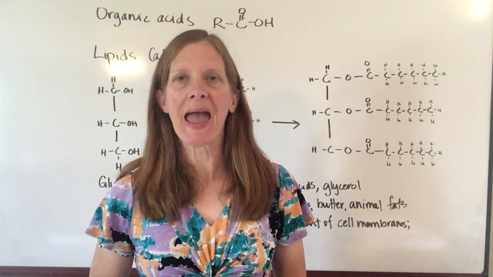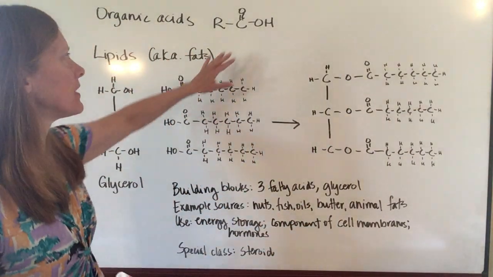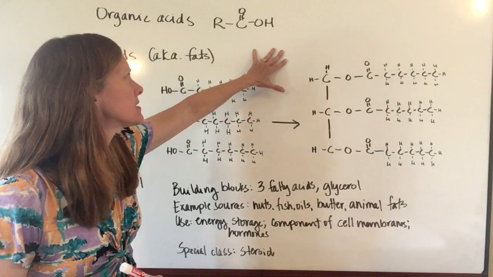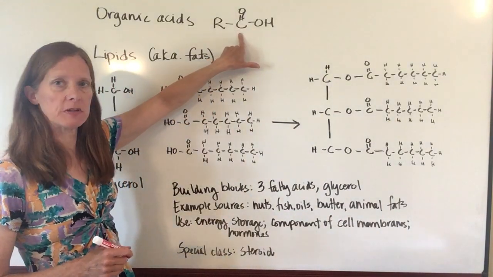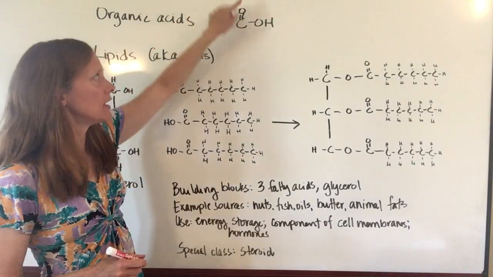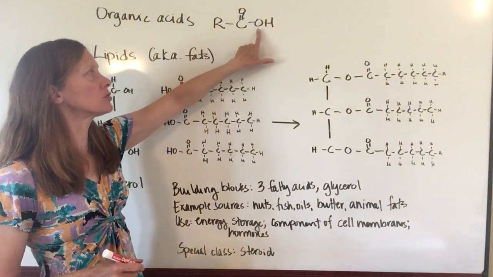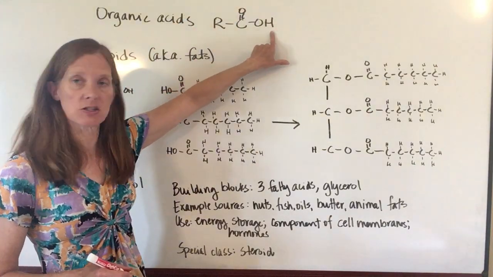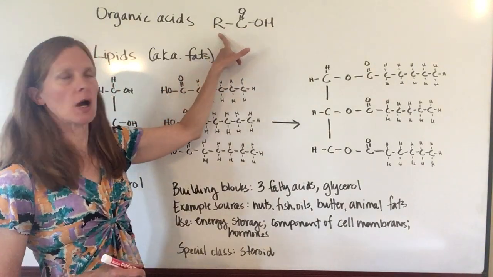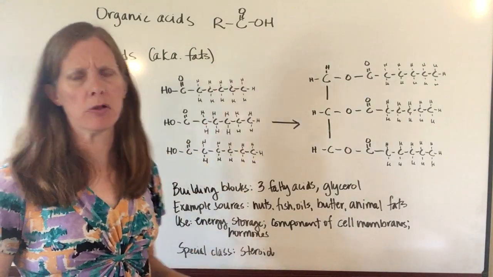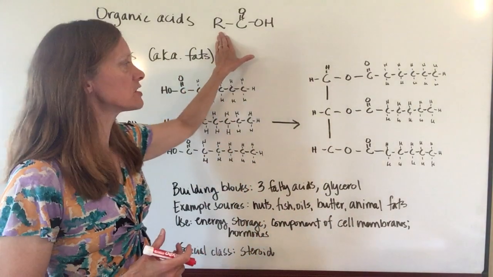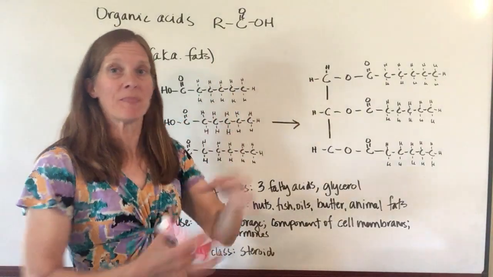An organic acid is going to have a very specific structure that I want you to be able to recognize. You're going to have a carbon that has a double bond to an oxygen, and then it will have a single bond to another oxygen that's connected to a hydrogen. Now, this is connected to an R, and there is no element that has the symbol R. What this R just means is that it's attached to something else.